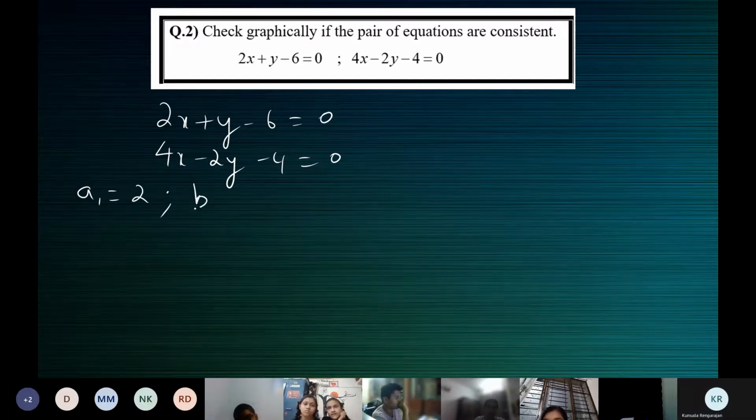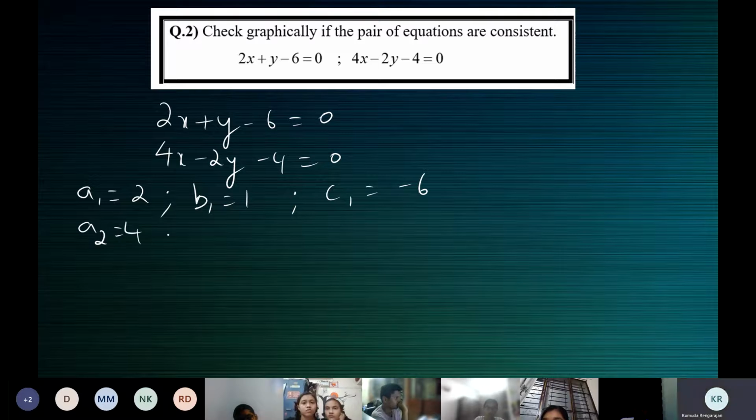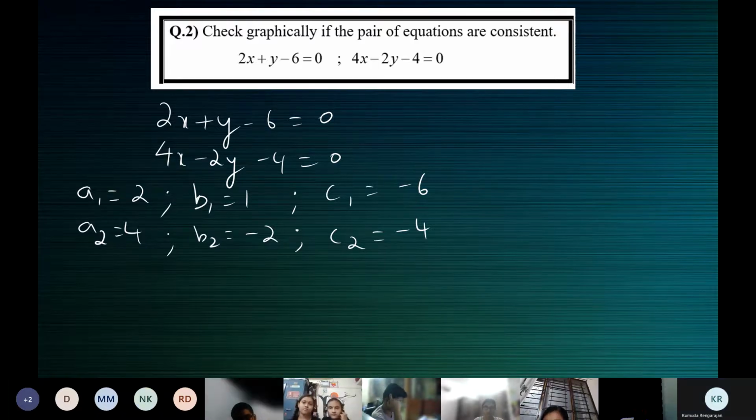B1, 1. C1, minus 6. A2, now tell me what is A2? 4. B2? Minus 2. And C2? Minus 4.